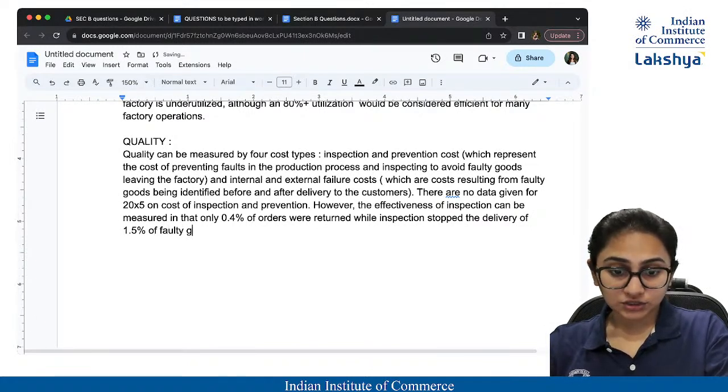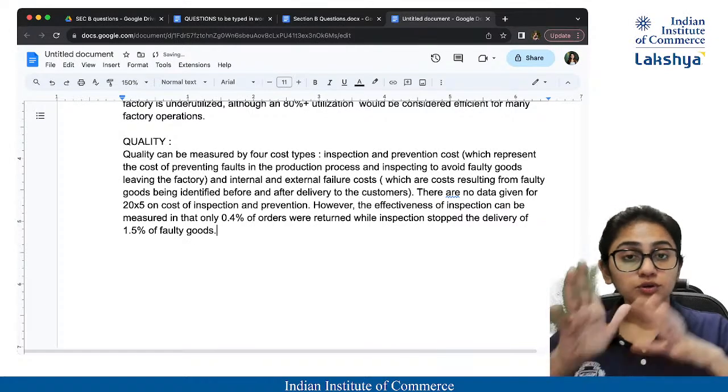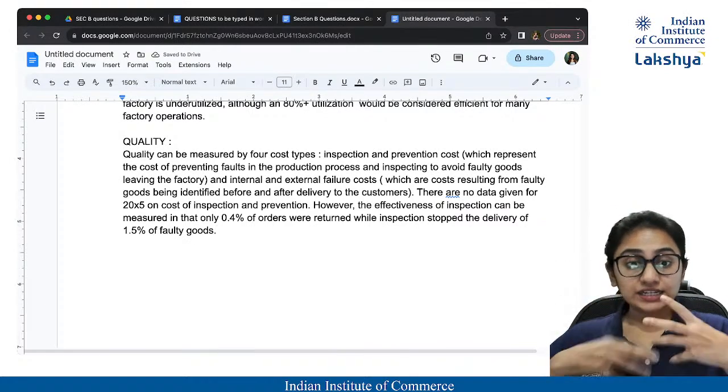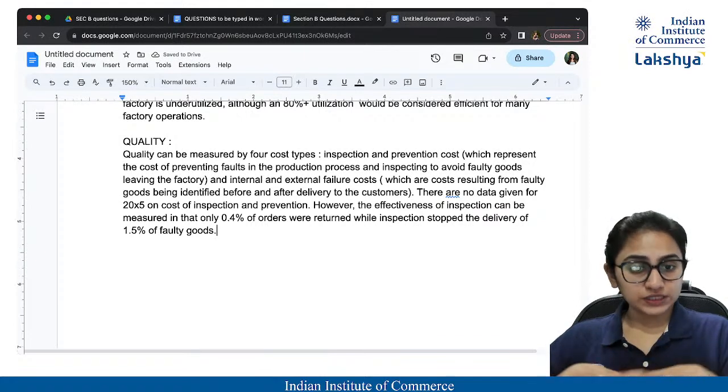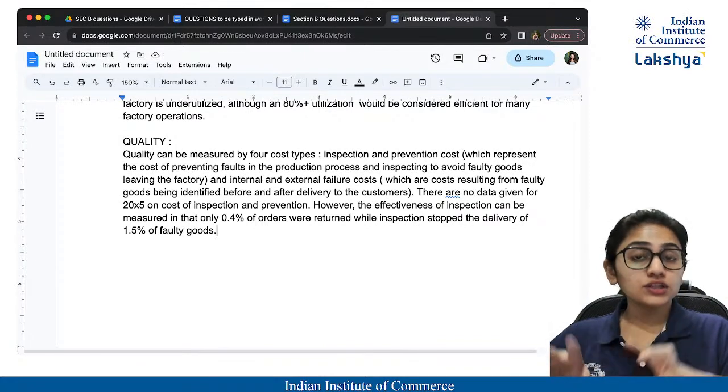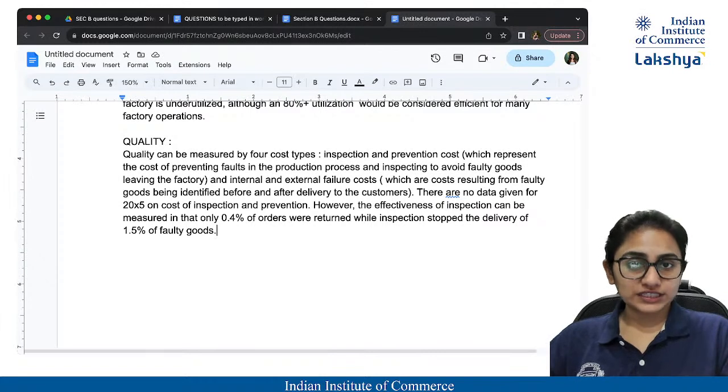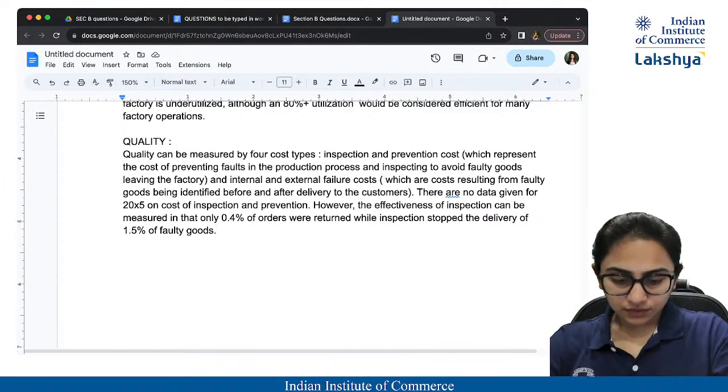Can you imagine, only 0.4% were returned by customers and our inspection stopped 1.5% of goods. That means all the other products are of good quality and have passed the quality check. Okay.